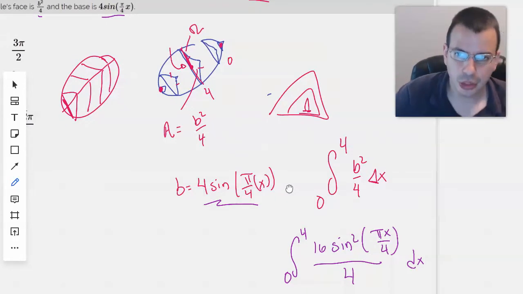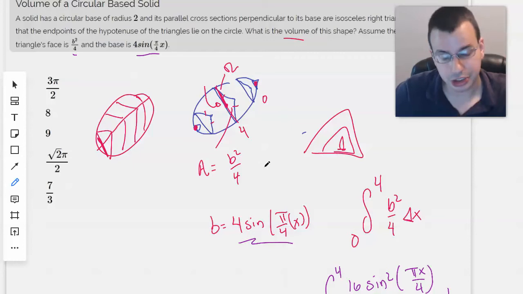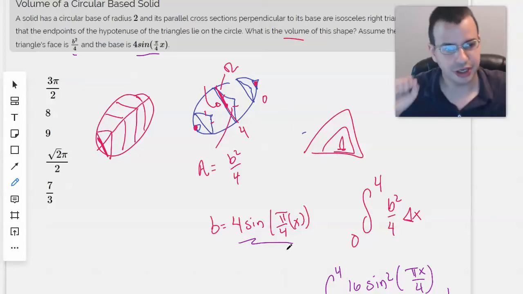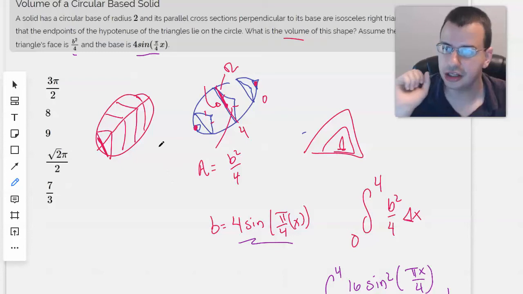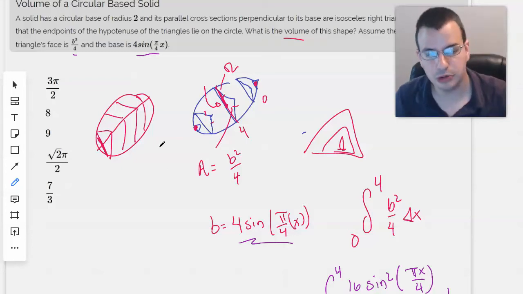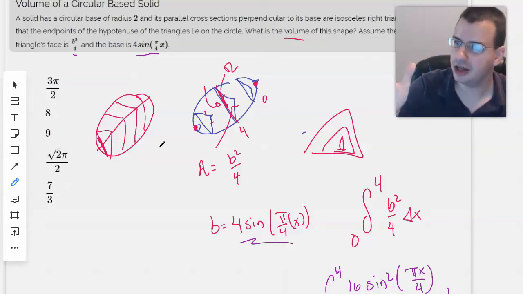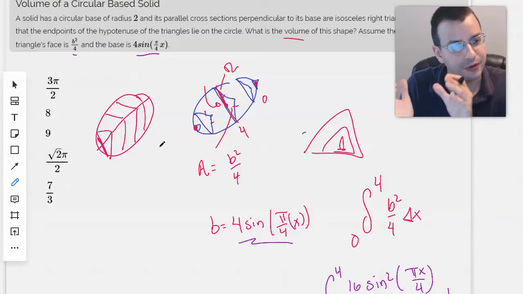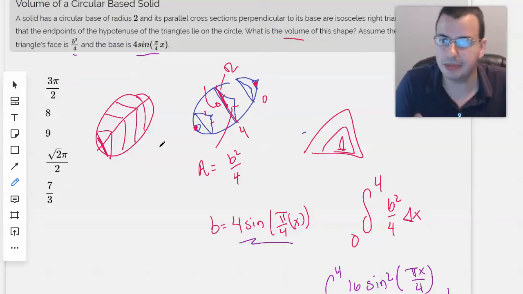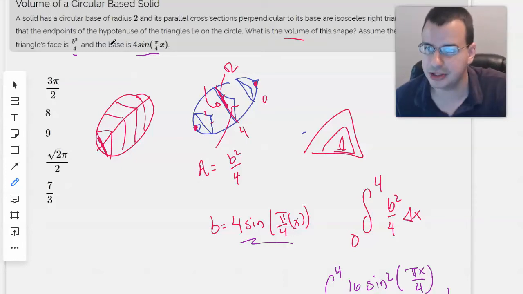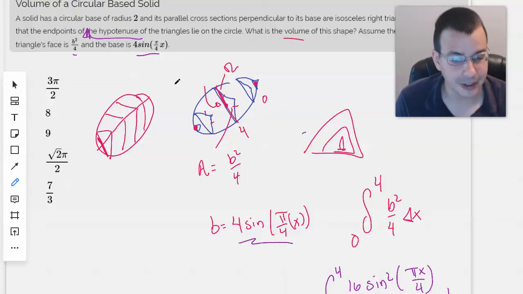So the most challenging part is figuring out what's being asked and getting a view. They're saying, here's a shape, find the volume, here's an equation for the face, and here's another equation so you can make sense of the face. That's telling you what the base is right there.